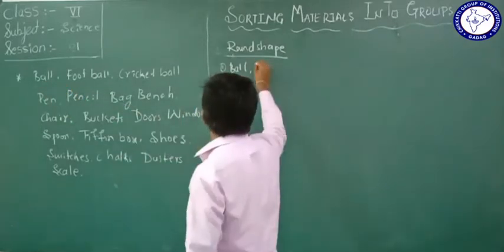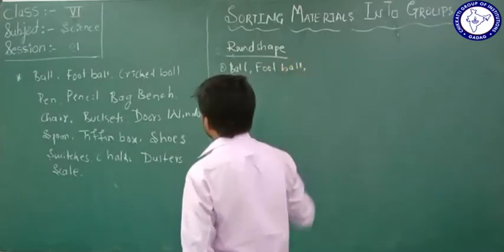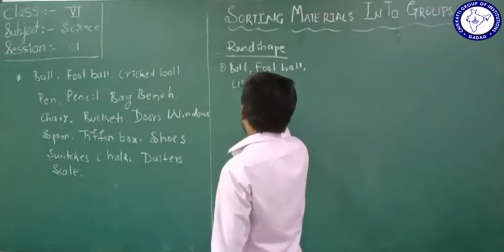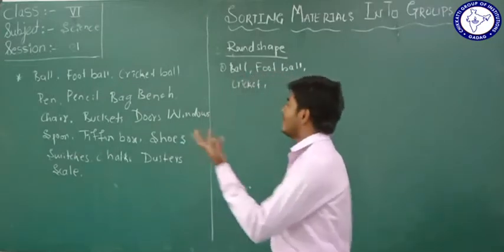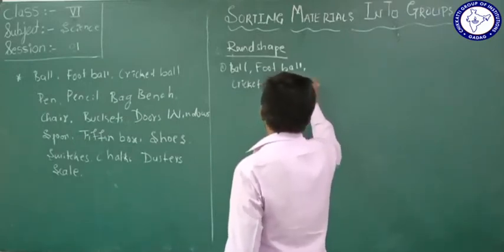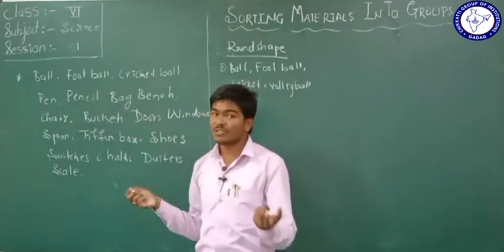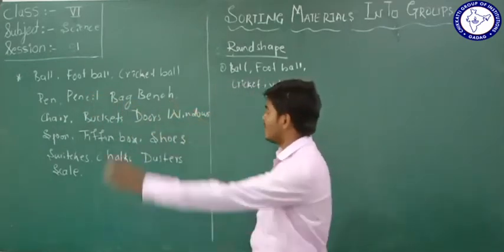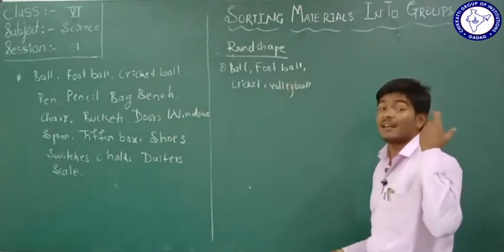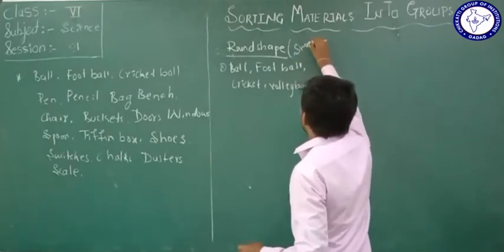Next, football, cricket ball, volleyball. Is pencil in a round shape? Is bag in a round shape? Is bench in a round shape? So I am considering here the materials which have the round shape, that is based on the shape.